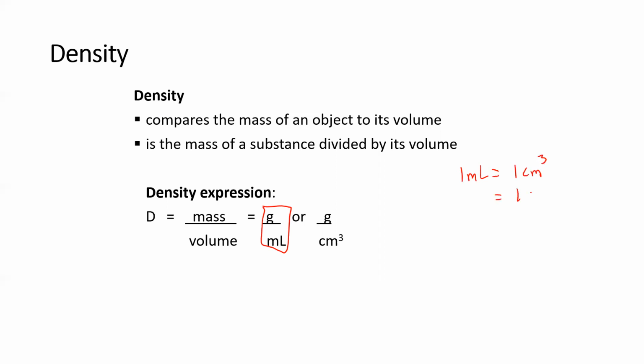Remember, I said 1 cc. You can think of it as if I had a perfect cube and it measured 1 centimeter by 1 centimeter by 1 centimeter, and I poured water in it, that would be 1 milliliter. So again, you should know that those are used interchangeably.